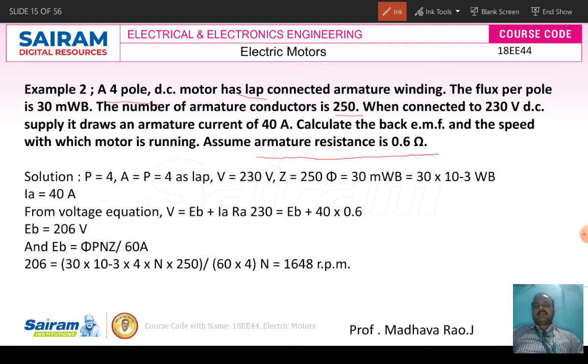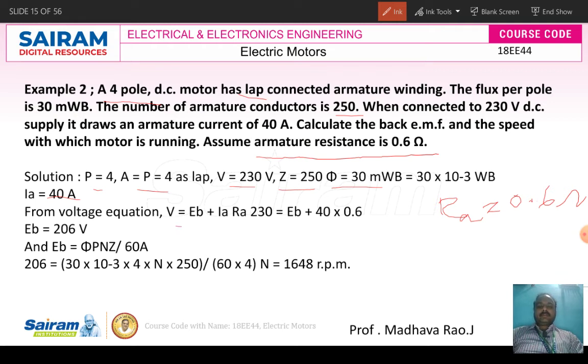First write the given data. P is 4, A equal to P is 4 for lap connected, V is 230 volts, Z, the number of conductors, is 250, and flux per pole is 30 milliwebers, and Ia is 40 amps. Armature resistance RA is 0.6 ohm, right?